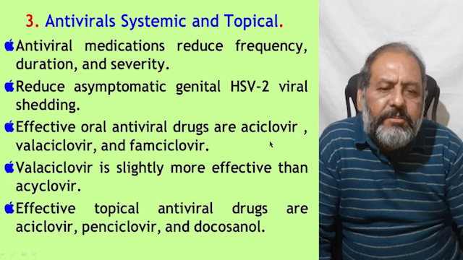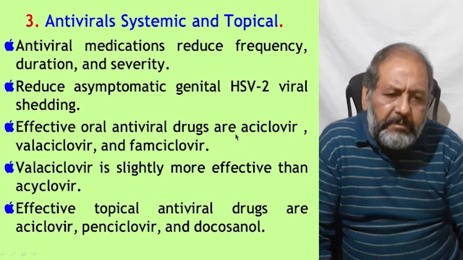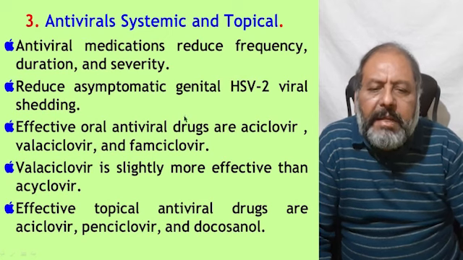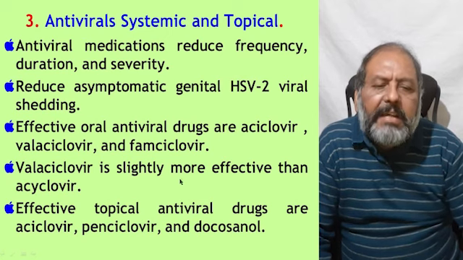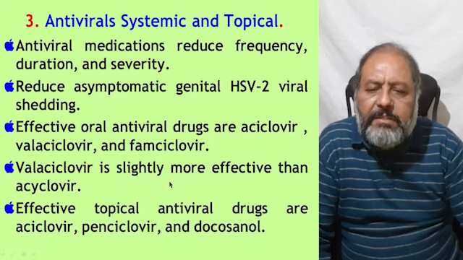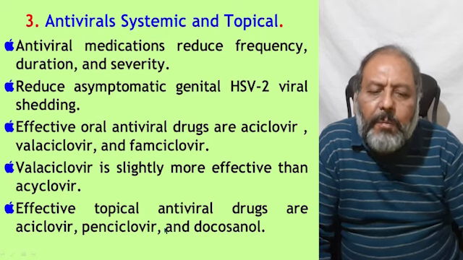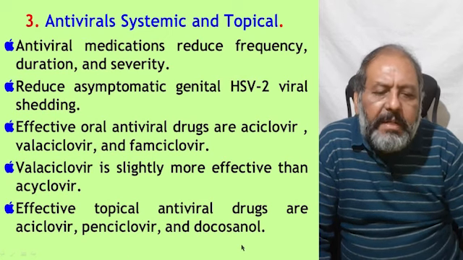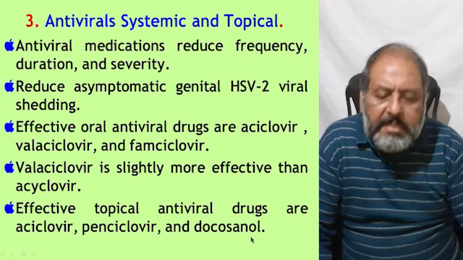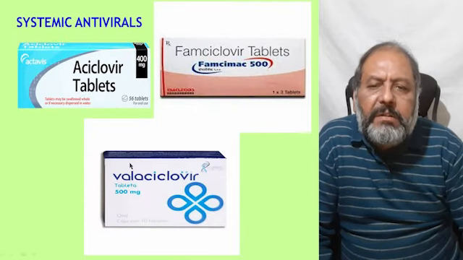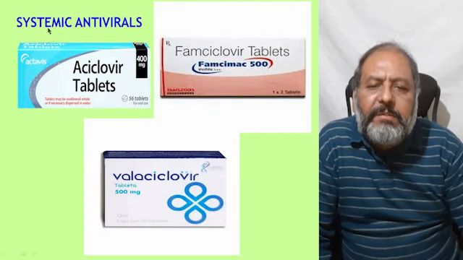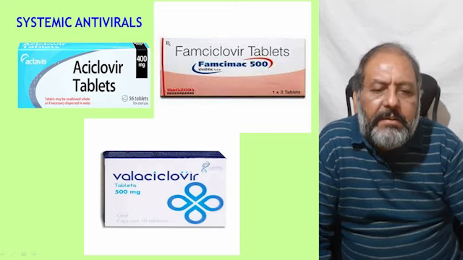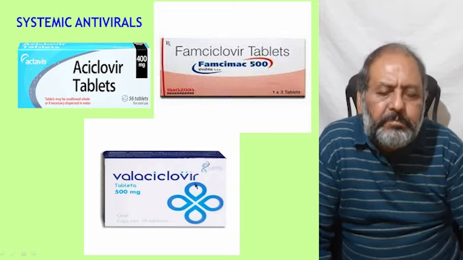The dosage is decided by the attending physician, and valacyclovir is slightly more effective than acyclovir. Effective topical antiviral drugs are acyclovir, penciclovir, and docosanol. Here one can see the systemic antivirals: acyclovir tablets, famciclovir tablets, and valacyclovir tablets.